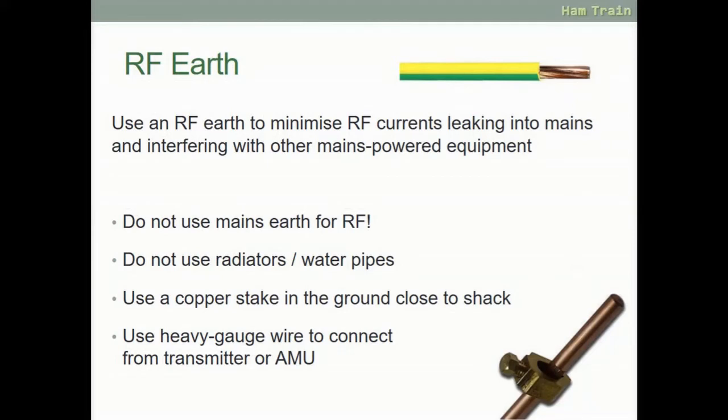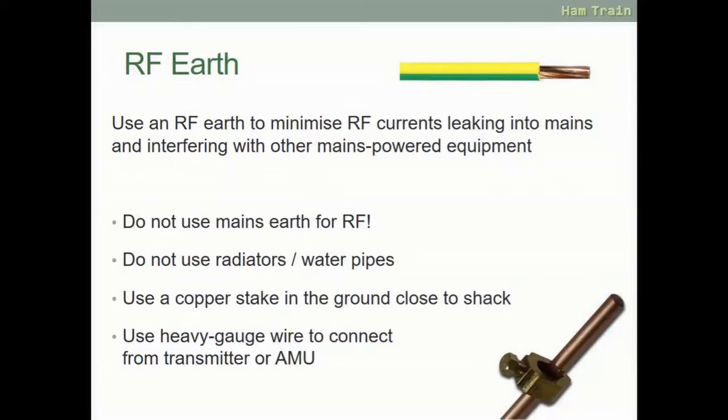Don't use that stake for your RF earth. You must use a separate one. Don't use radiators and water pipes, because that goes back to your mains earth. Any metalwork in your house goes back to the mains earth. So you must use a separate earth for your RF.